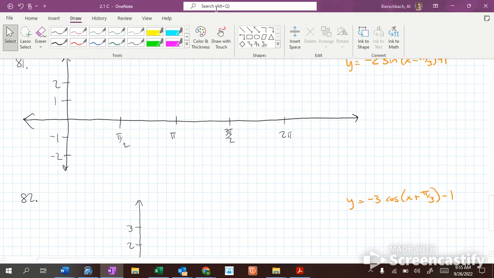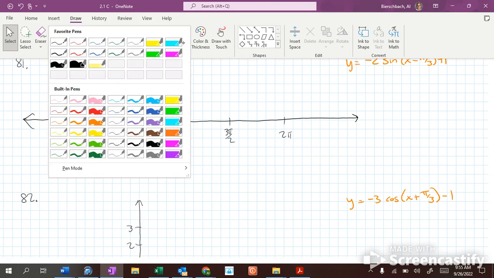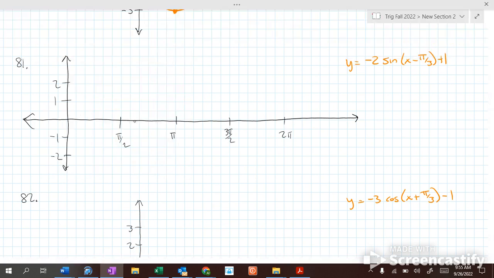81. Y equals sine of x is 0, 1, 0, -1, 0.